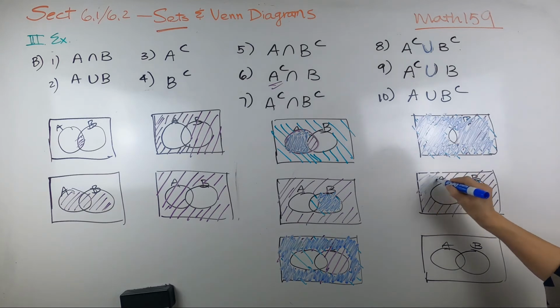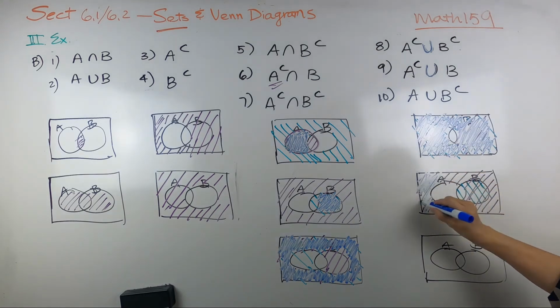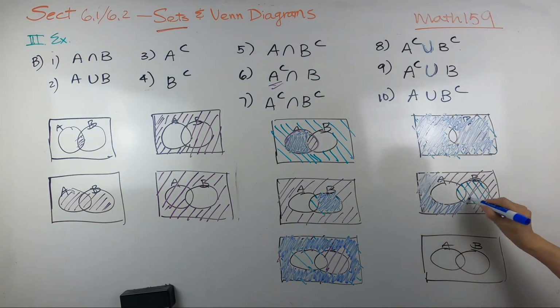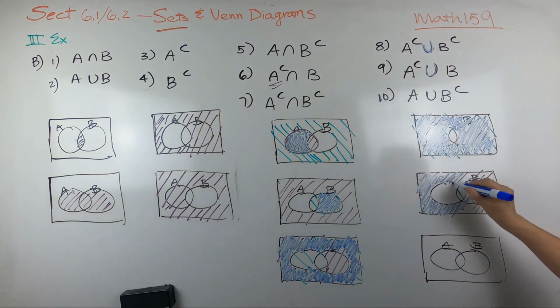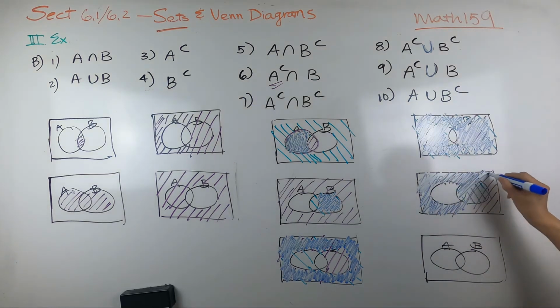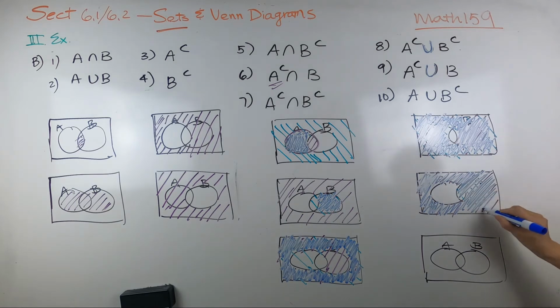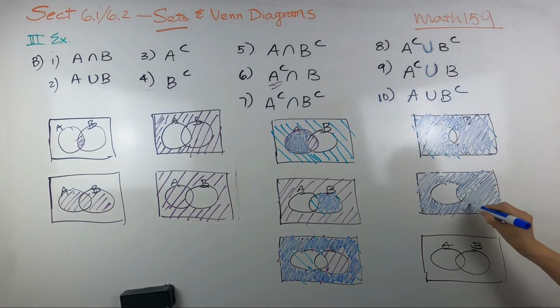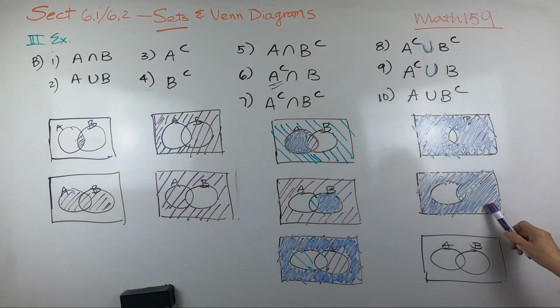So wherever you shade it, you will include, right? So that would be here, here, everywhere, right? But not there, because none of them cover it. That would be your A complement union B.